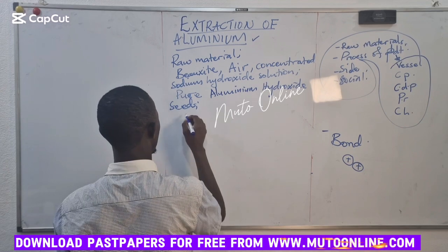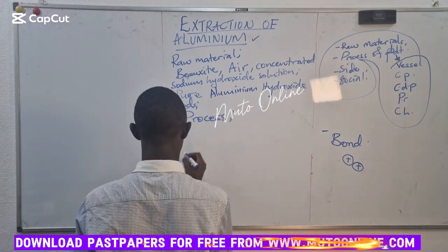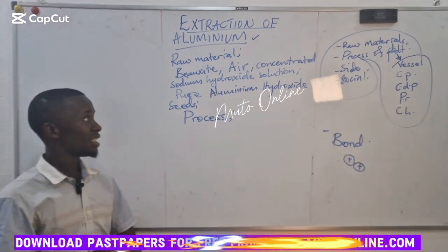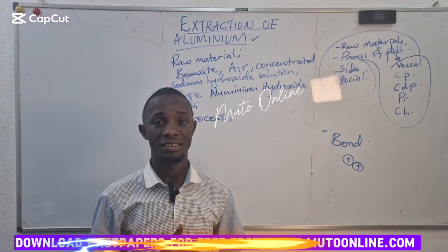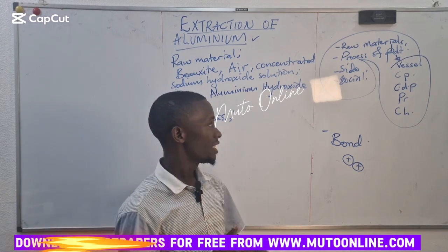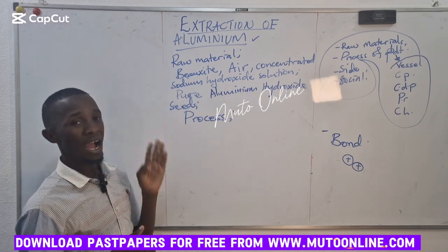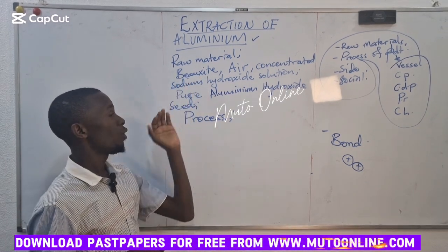Members, the process of production is simple. This process takes place in a furnace, and it involves heating the bauxite or the ore in presence of hot air.